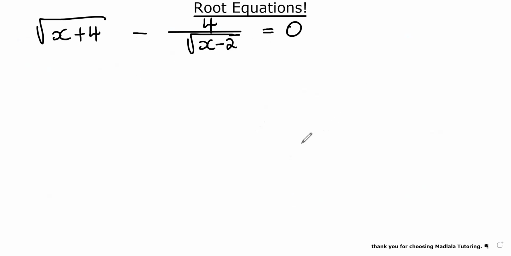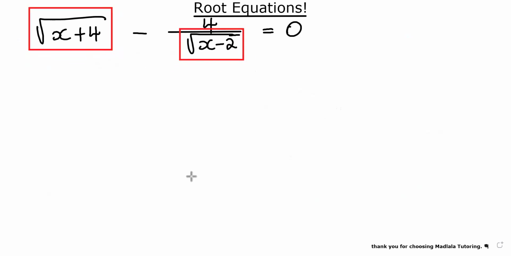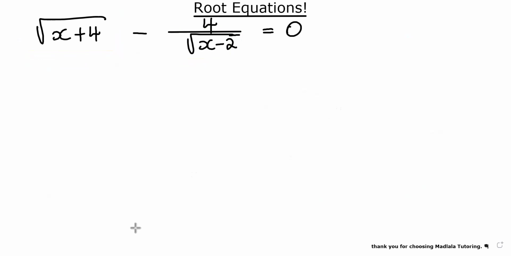You're packing your bags. So then how do you solve for x in this case? Well, here we can see that we have two different roots. So we can't really use the substitution method. Do you see that? We have the square root of x plus 4, the square root of x minus 2. They're completely different.